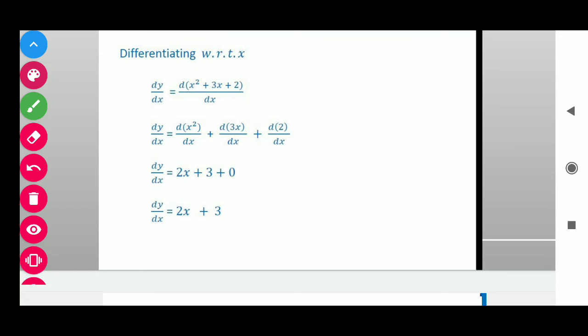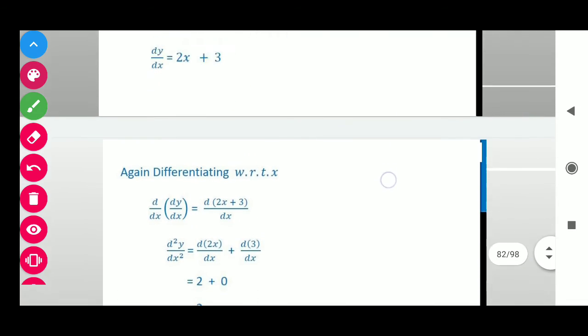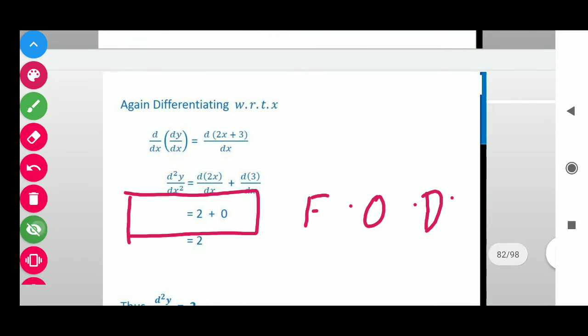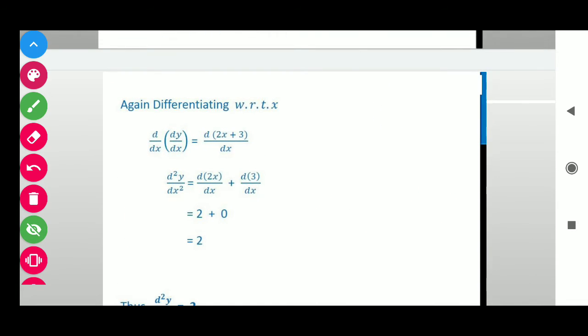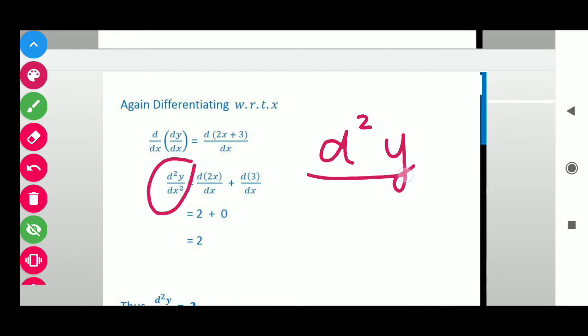So students, let's start. Differentiate again with respect to x. So here we will write d square y over dx squared. Students, notice one thing. If you write d square y over d square x, then this notation is completely wrong. So students, be careful about this.